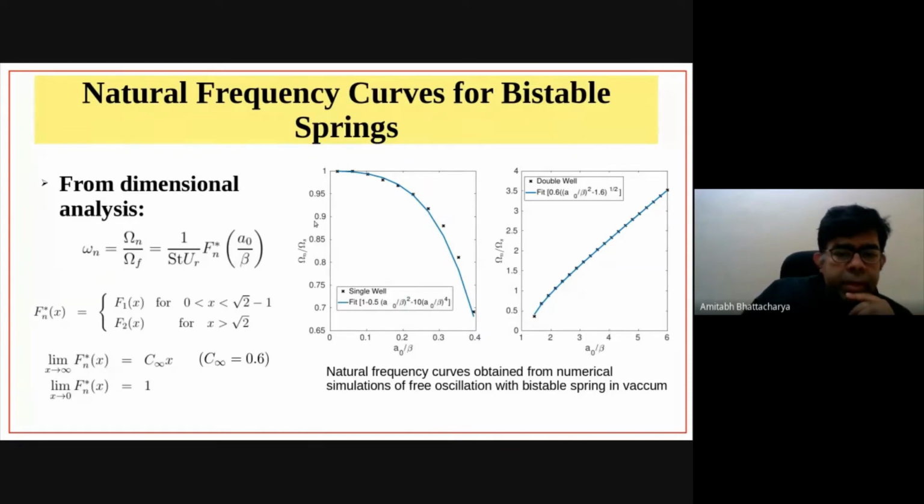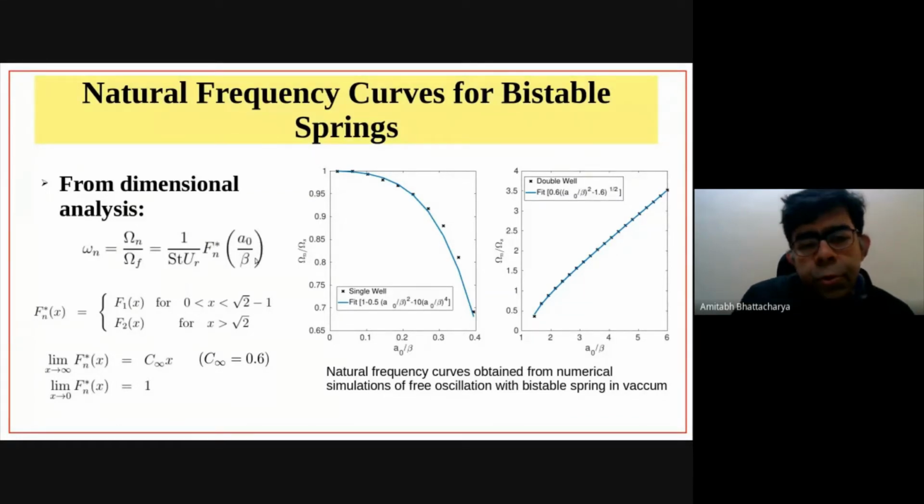The details of this you can look up in our paper, but basically we characterized the natural frequency in terms of the maximum amplitude of oscillation, as well as the interval distance.